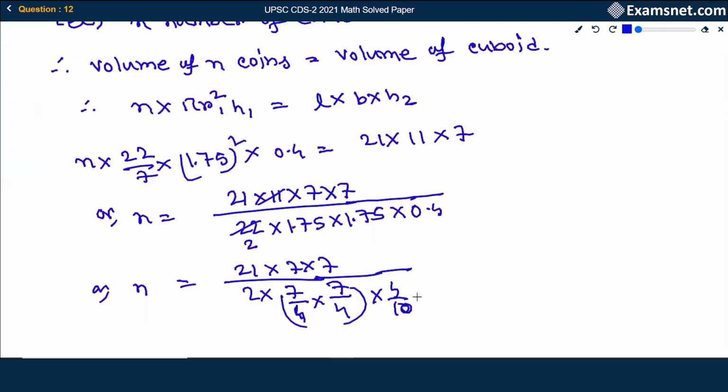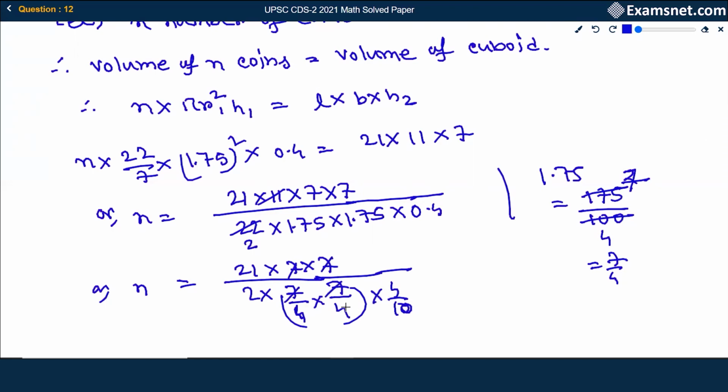How? I can show it: 175 by 100. Now let's divide it by 25, with 4 here and 7. So that's how it becomes 7 by 4. Okay, so both the 7s got cancelled.